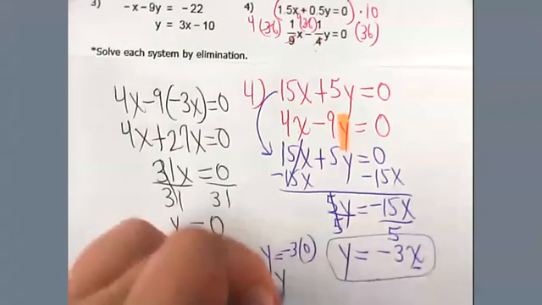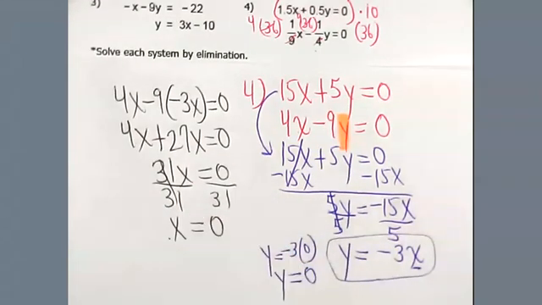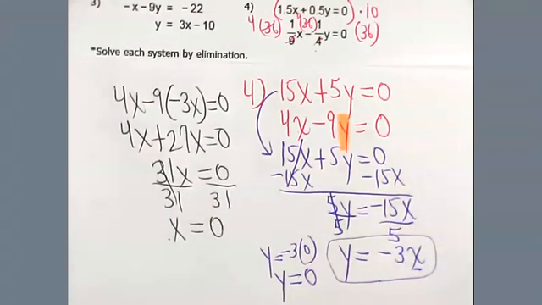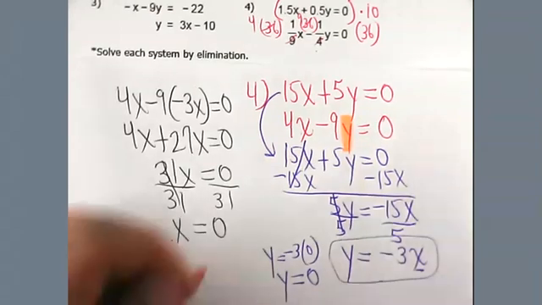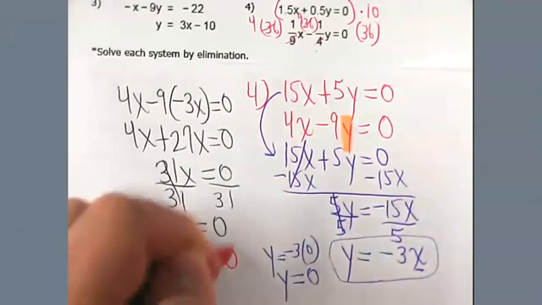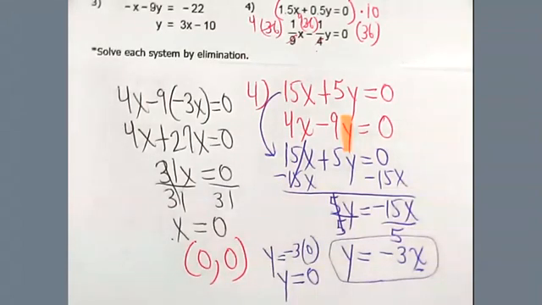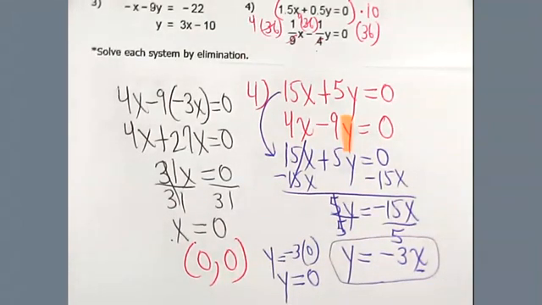So y is also equal to 0. The last step, type your answer in MyMathLab as an ordered pair. So our solution would be the ordered pair 0, 0. Any questions, y'all, about the substitution method?